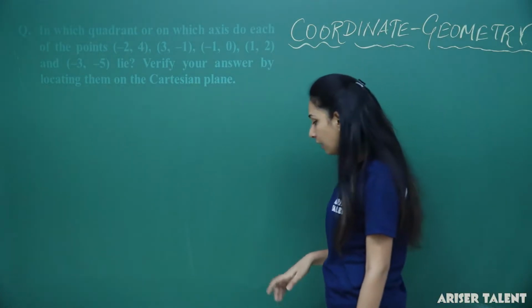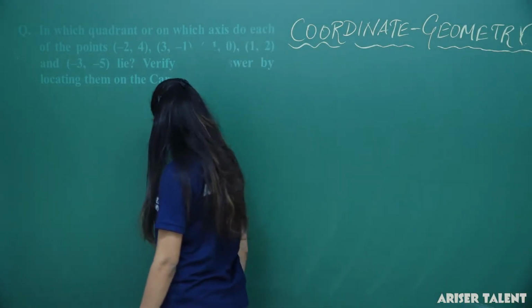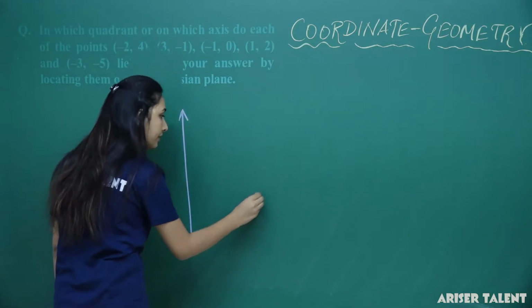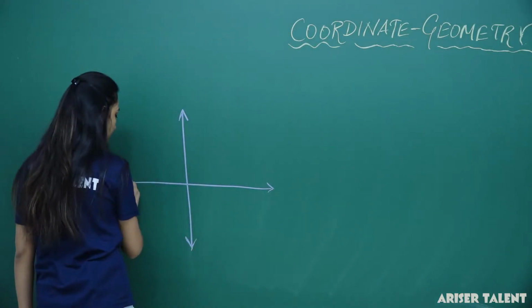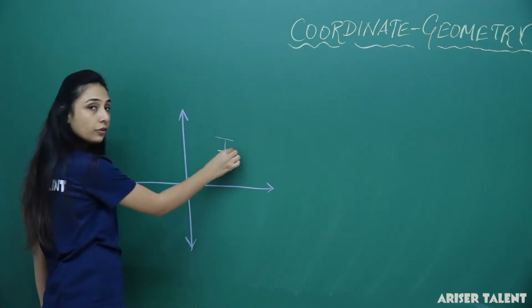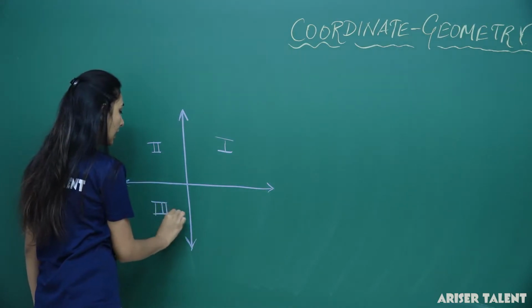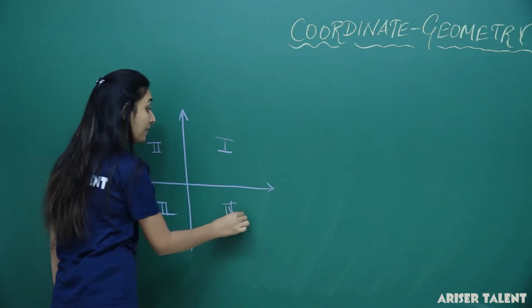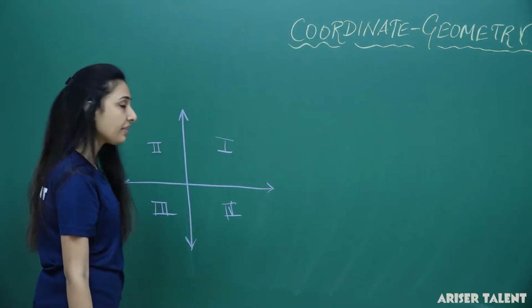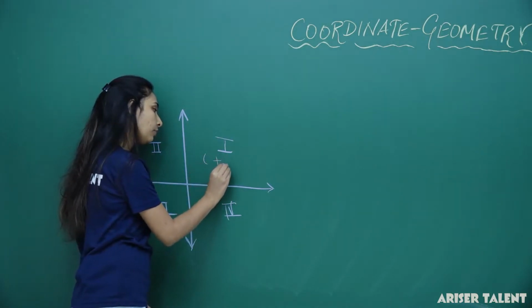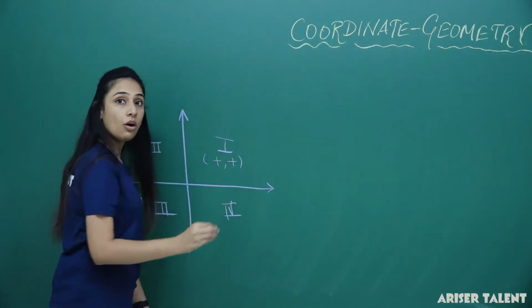Right, students? So I have told you that this is our quadrant. These are the four quadrants. That's the first quadrant, then the second one, then the third here, and the fourth here. And we have talked about the sign conventions. In the first quadrant, we will have both positive abscissa and ordinate.